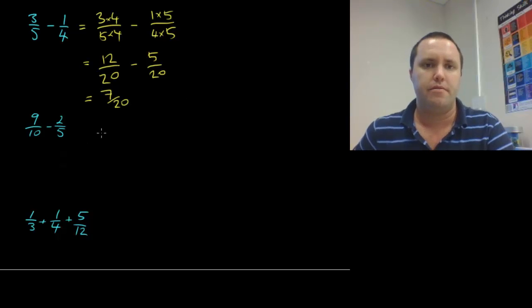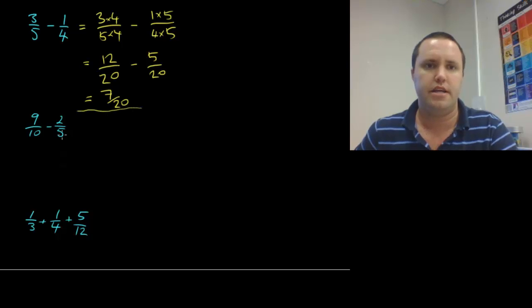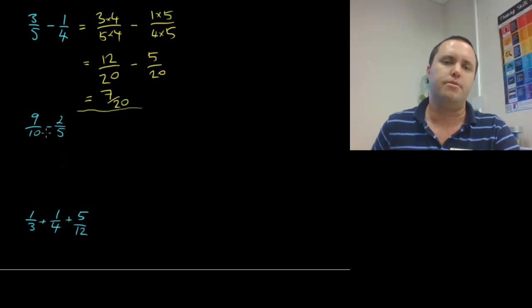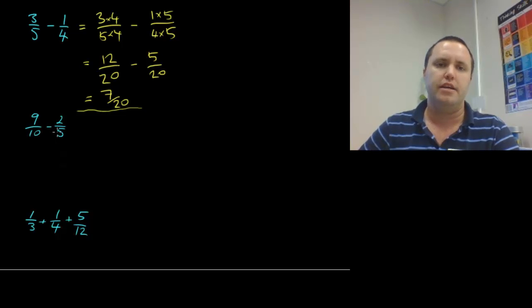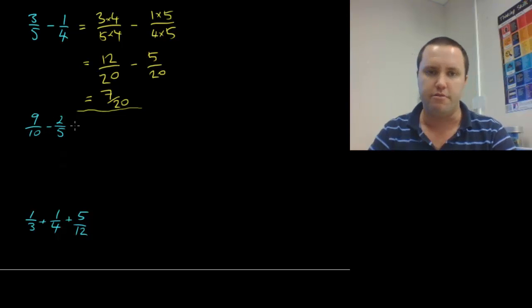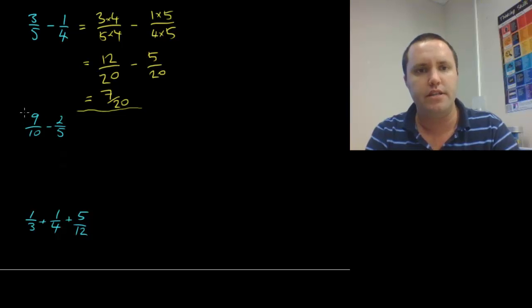Next one here, 10 and 5. This one's a little different. Well, not really. The lowest common multiple will be found the same way, but if you look at it, 5 times 2 is 10. So this is a really easy one. The lowest common multiple of 10 and 5 is 10. So we leave this one, and we just need to change this second fraction.